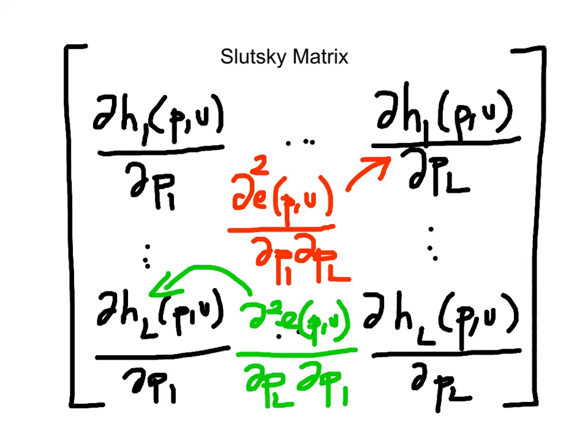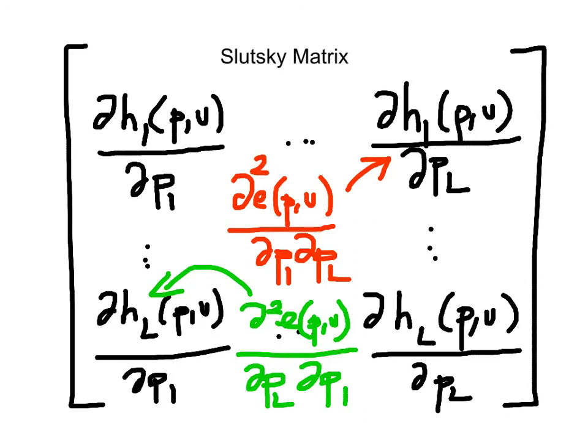This is the equivalent to the strong axiom of revealed preference in discrete terms. Imposing the strong axiom of revealed preference will also give you the symmetry result. And the symmetry result is very deeply connected to the transitivity of the rational preference relation.